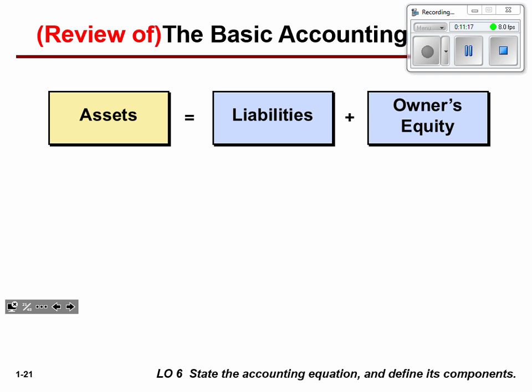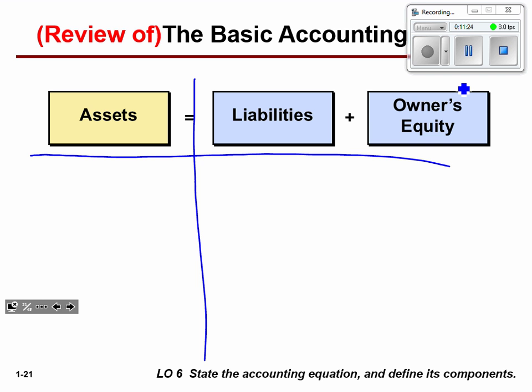So if I go back to this, you don't have to rewrite all this. I'm going to. Assets are what you own. Liabilities are what you owe. And your owner's equity is what you're worth. The vertical line shows up where the equal sign is.